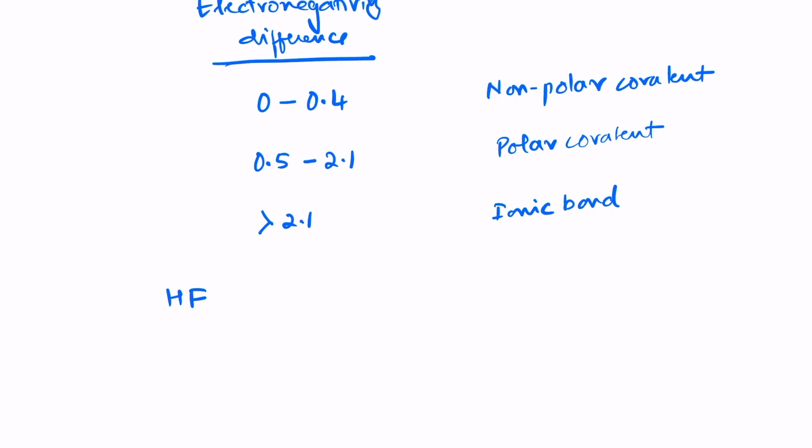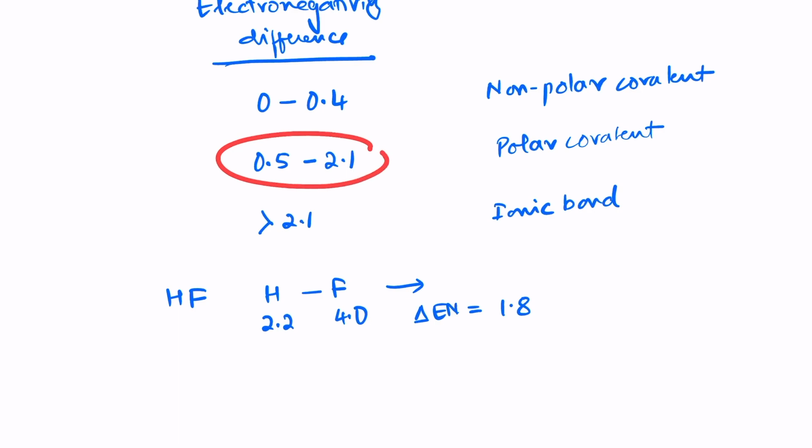The value for hydrogen is 2.2 and the value for fluorine is 4.0. The difference between these two values, which I'll depict as delta EN, is equal to 1.8. That difference falls under this category, and therefore this bond is going to be a polar covalent bond.